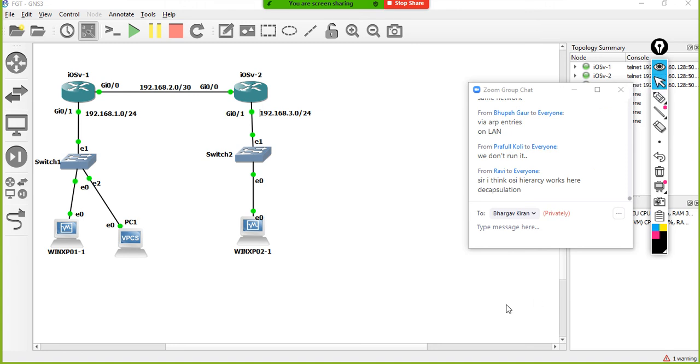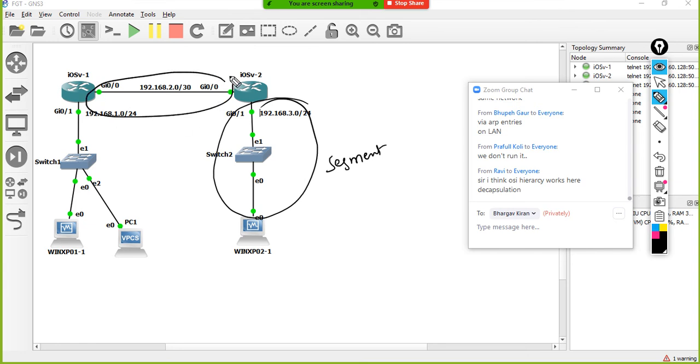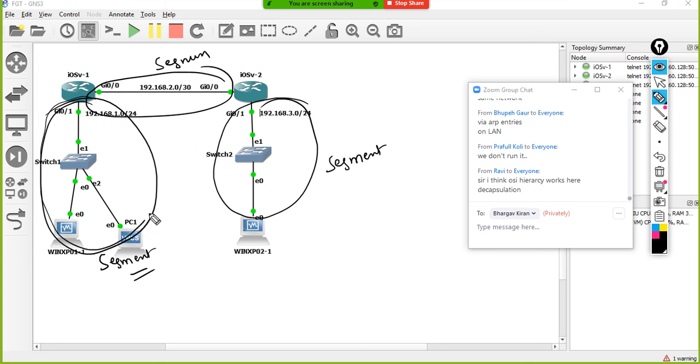Because if it is in the same segment, ma'am, here there is one more secret. This is one segment. This is another segment. This is another segment. Now look closely at that. The entire segment here you are running with the 192.168.1.0 network.